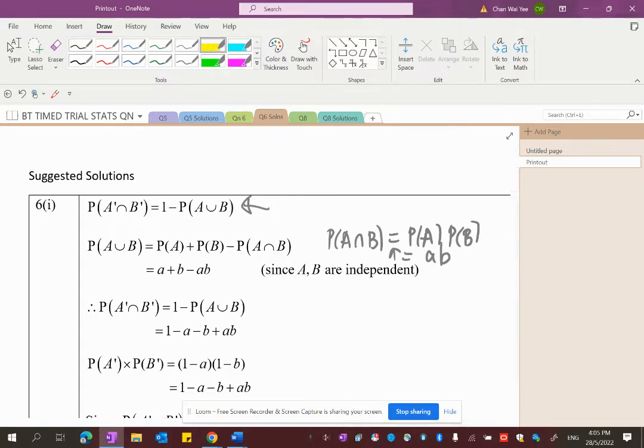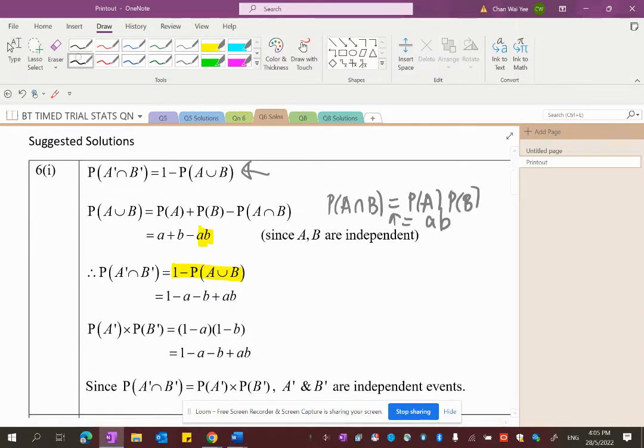So that is how we obtain this. After we have gotten P(A union B), we then substitute into this expression here, and we will get the answer for P(A complement intersect B complement). So that will solve the first part.